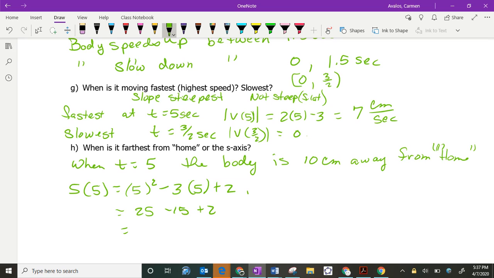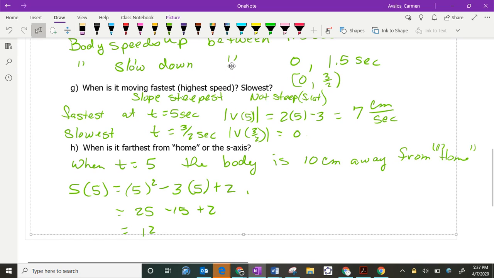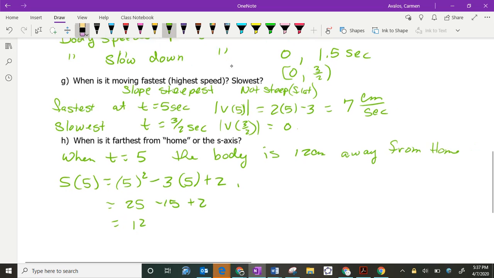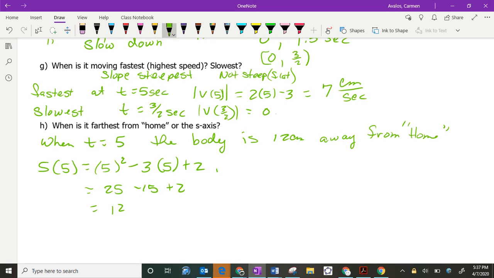And so we end up with, sorry, I wrote down 10 when I meant to write 12. 12 centimeters. Okay, so I'm 12 centimeters away from home. And so we are good. Let me get rid of these because it doesn't look like quotations there. Okay, and so that's how you do problem number 5. Very good.